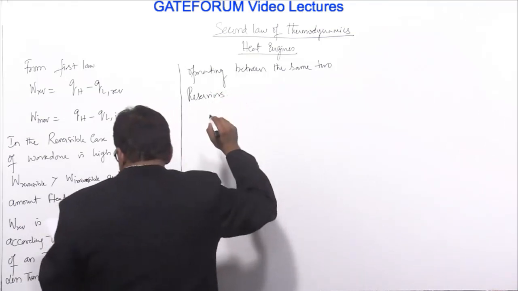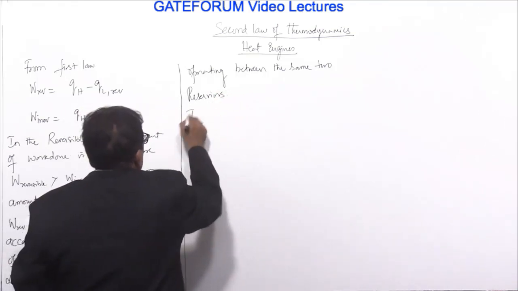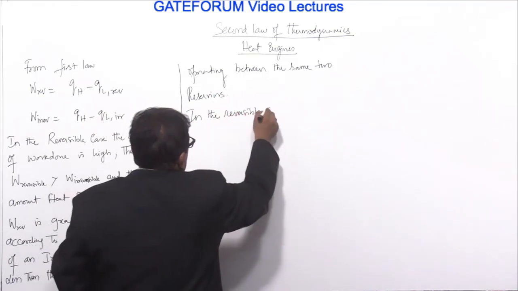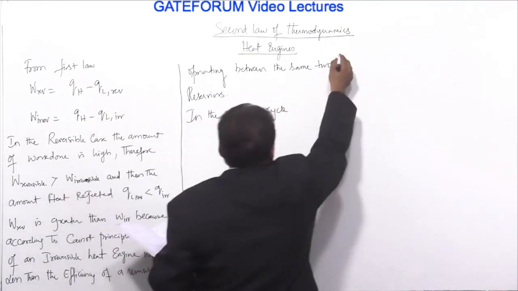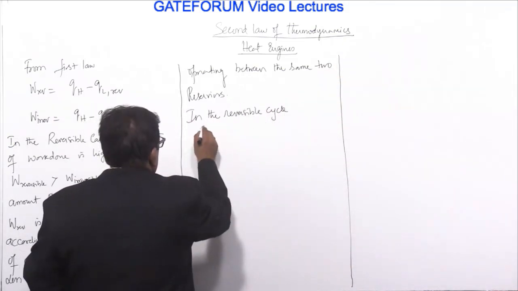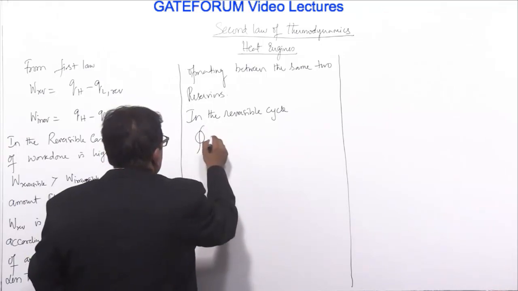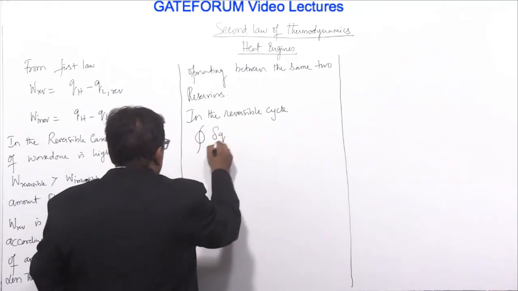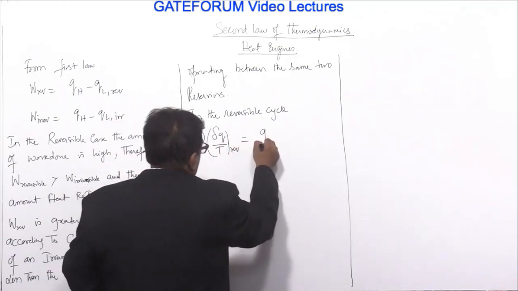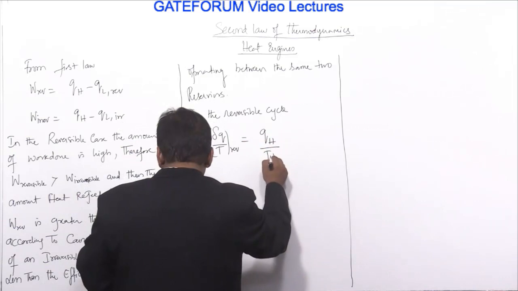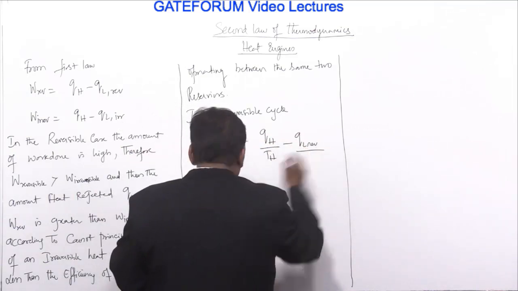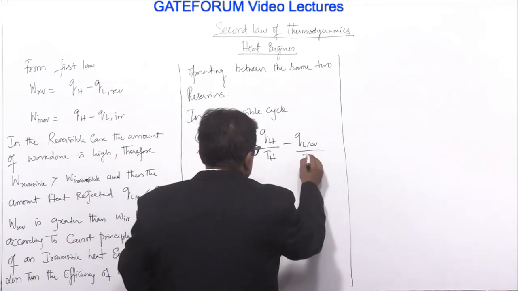So, in the reversible cycle, the integral, this is the reversible cyclic one, dq by T reversible will be what? QH by TH minus QL reversible by TL, correct?